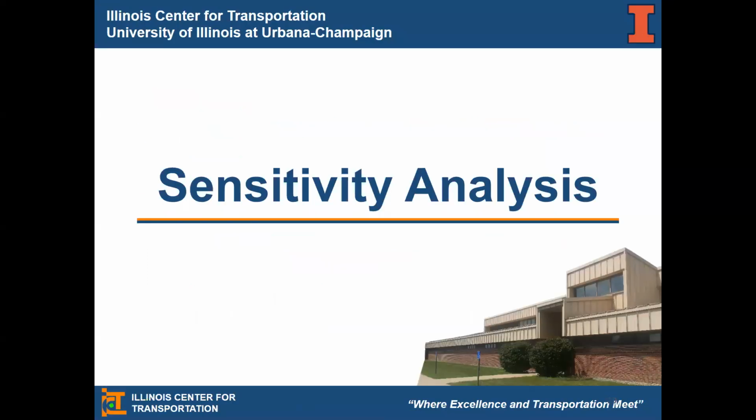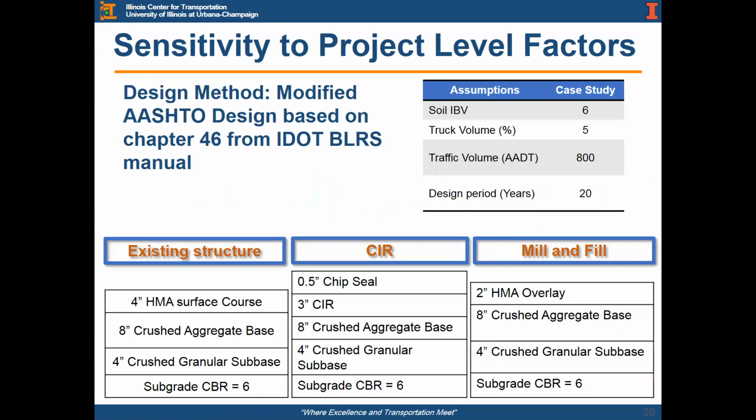So here I'm going to present a case study just to give you an idea of the factors that affect the energy savings that we make when using CIR versus conventional methods. Here, these are 2 equivalent designs using the modified AASHTO Chapter 46 from IDOT. Here we have 2 equivalent in-place recycling and conventional alternatives.